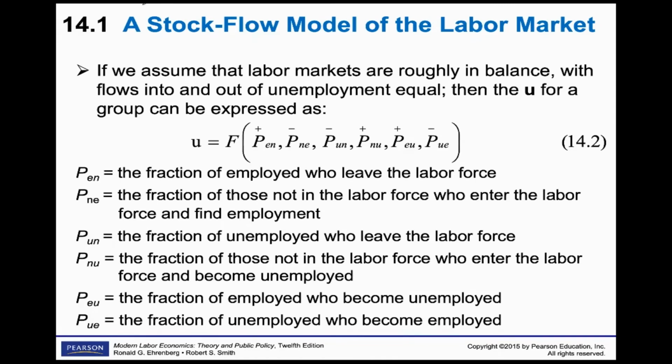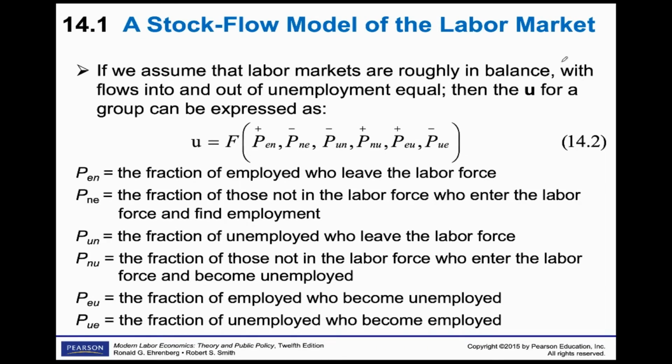Now, moving to this slide, it is still based on a stock flow model of the labor market. By understanding the stock flow model, we can derive the unemployment rate function as shown here, given by equation 14.2. For this one, we will assume that the labor markets are balanced.